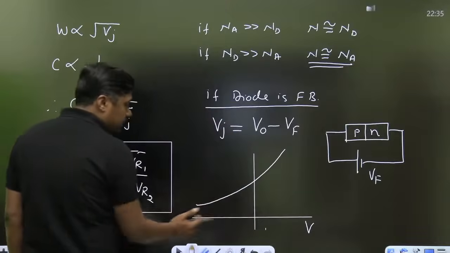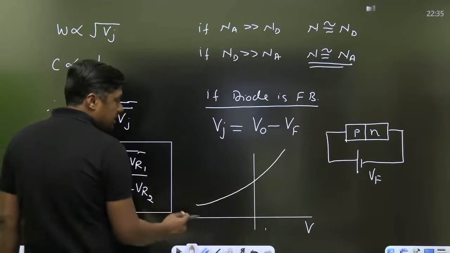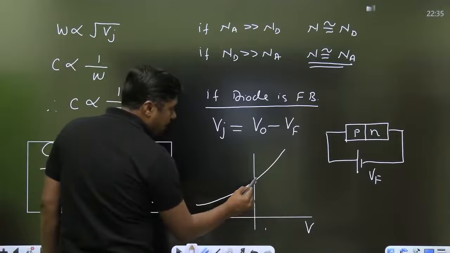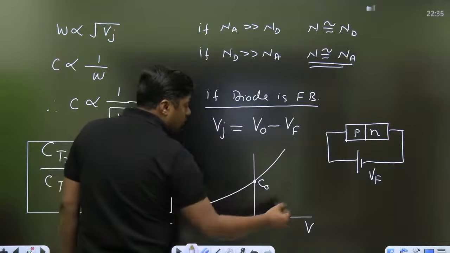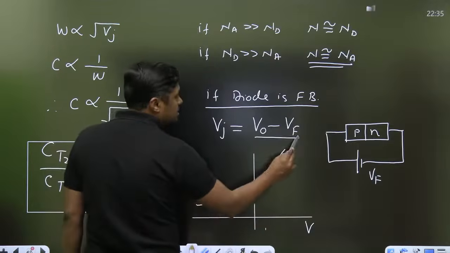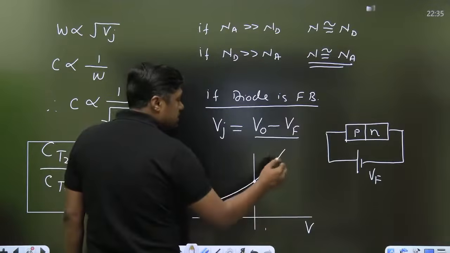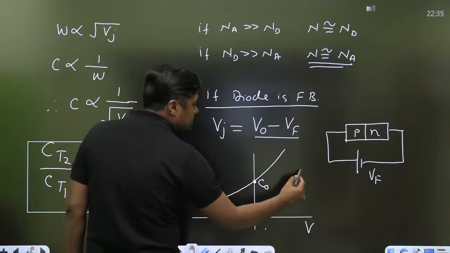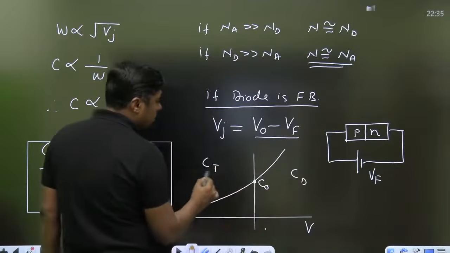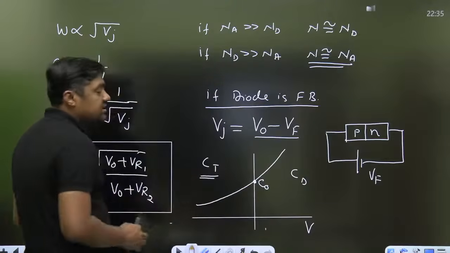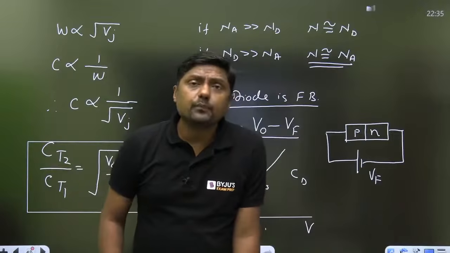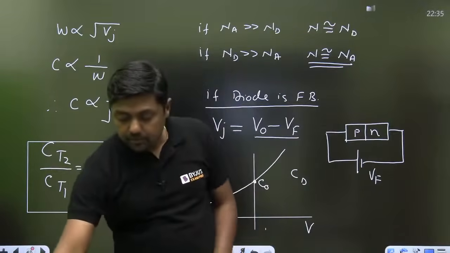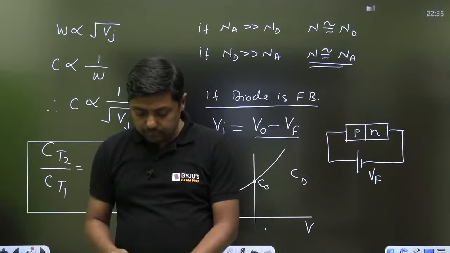When we increase reverse bias, capacitance will decrease. With no biasing, this is the value of the capacitance. When we increase the voltage in forward bias, the capacitance will increase. Here it is called diffusion capacitance, and here transition capacitance. When the diode is reverse biased, it is transition capacitance. When the diode is forward biased, it is called diffusion capacitance. So that is an important formula.